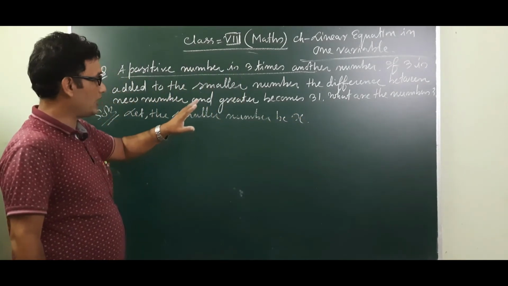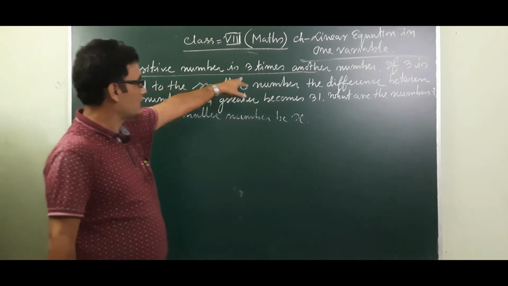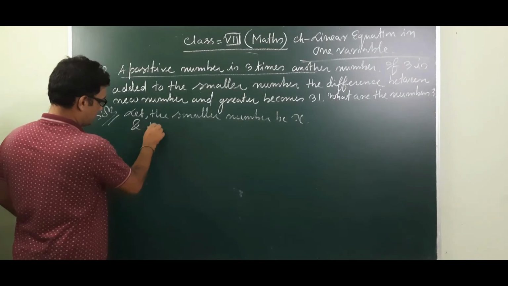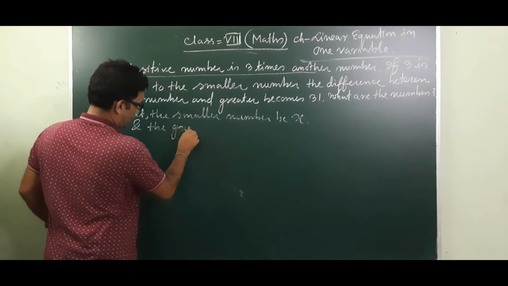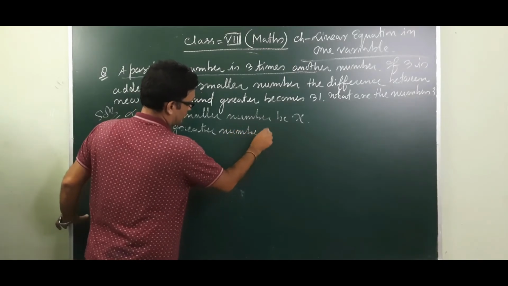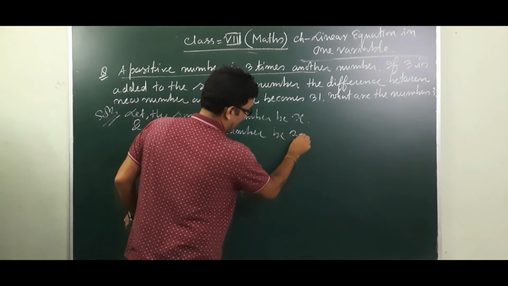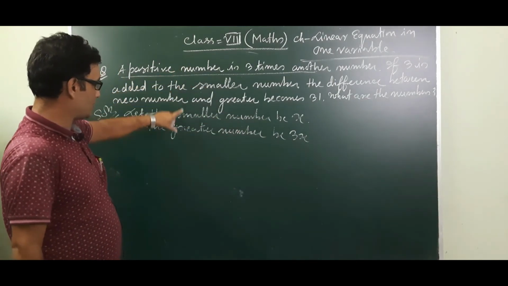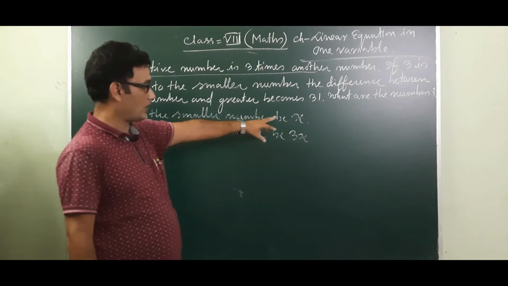The smaller number we will consider x, and the other number is what? 3 times another. So we will write, and the greater number be 3x. So two numbers we are getting, one is x, another one is 3x.